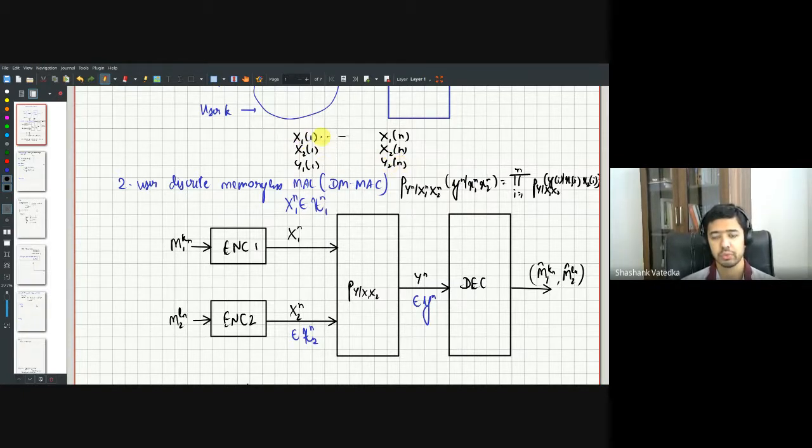So given x1 and x2, y(1) is independent of all the other components. y(2) depends only on x1(2) and x2(2) and is independent of all the other components, and so on. Right? So that is when we say that the channel is memoryless.